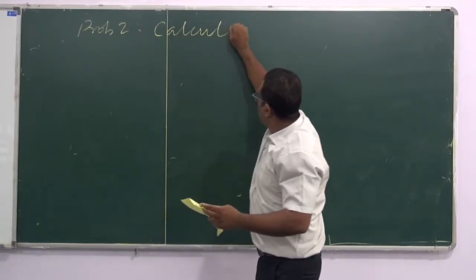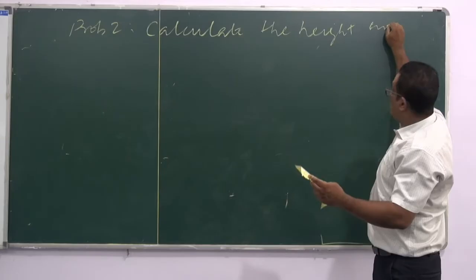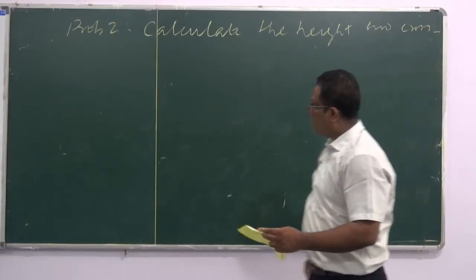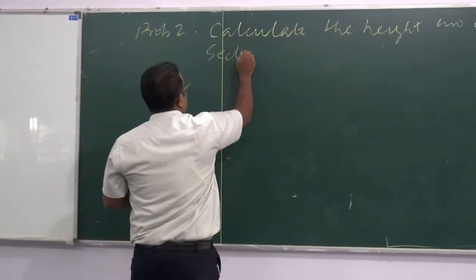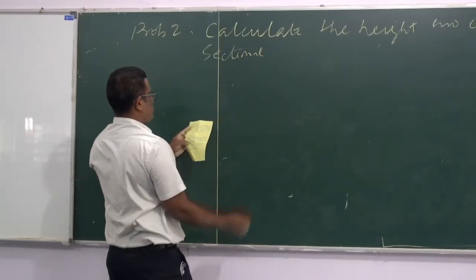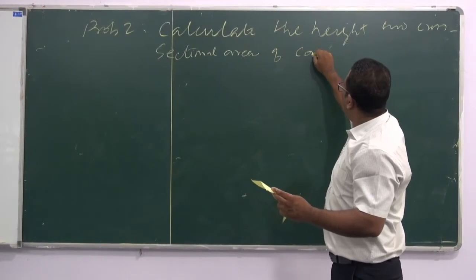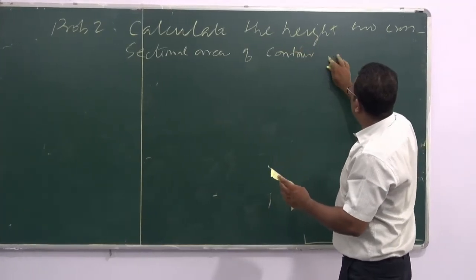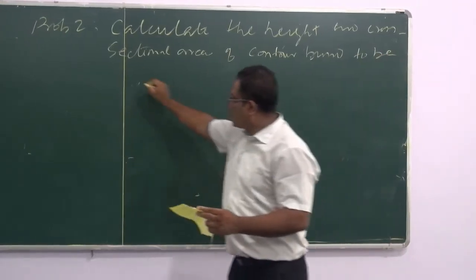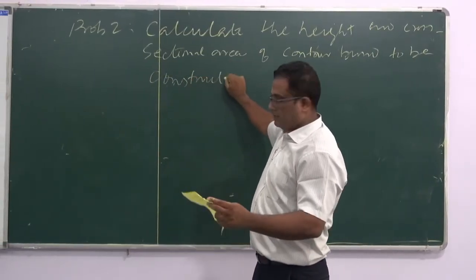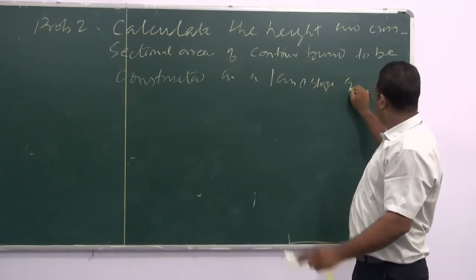Calculate the height and cross section area of contour bund to be constructed on a land slope of 5%.